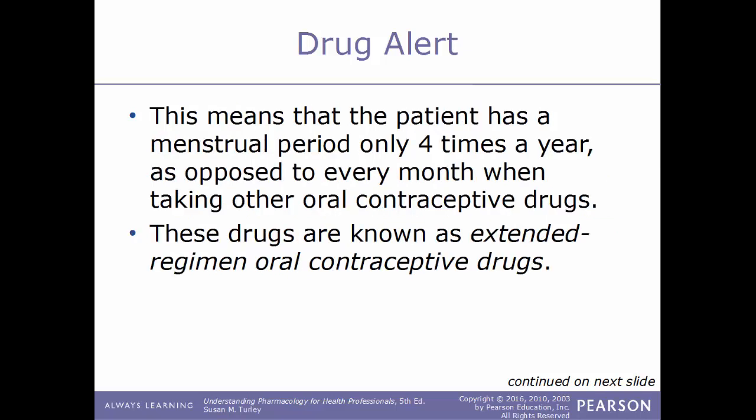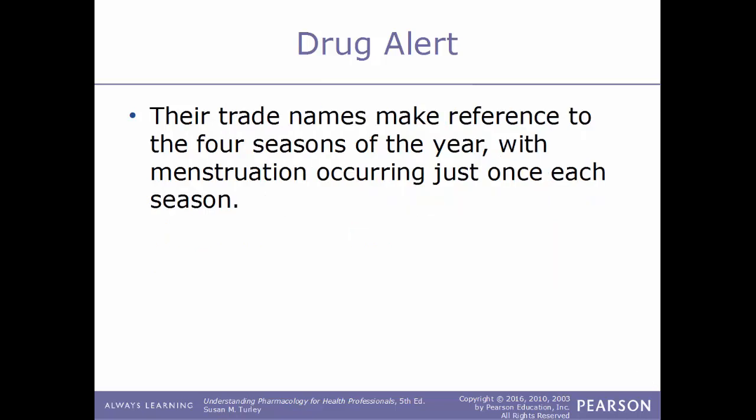So this means that the patient has a menstrual period only 4 times a year, as opposed to each month when taking other contraceptive drugs. And these kinds of drugs are known as extended regimen oral contraceptive drugs. And the trade names make a reference to the 4 seasons of the year, Seasonale and Seasonique, with menstruation only occurring once per season.